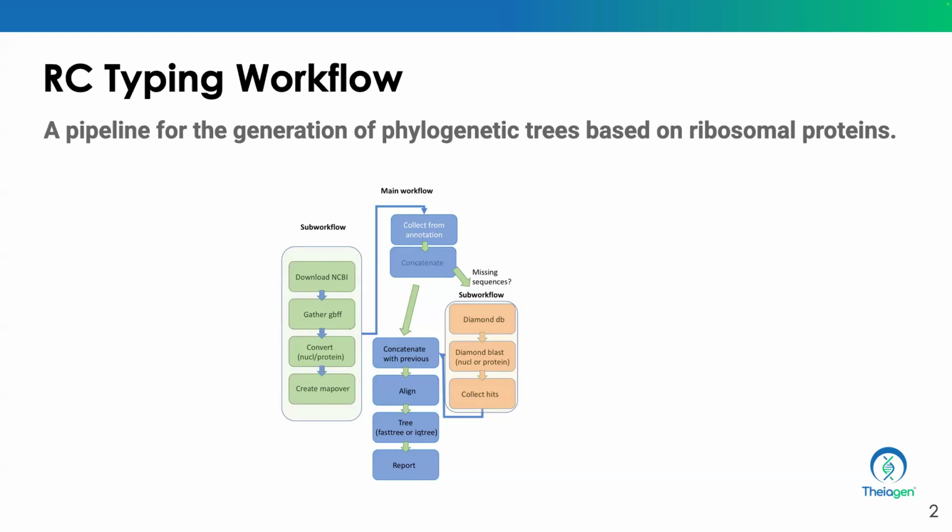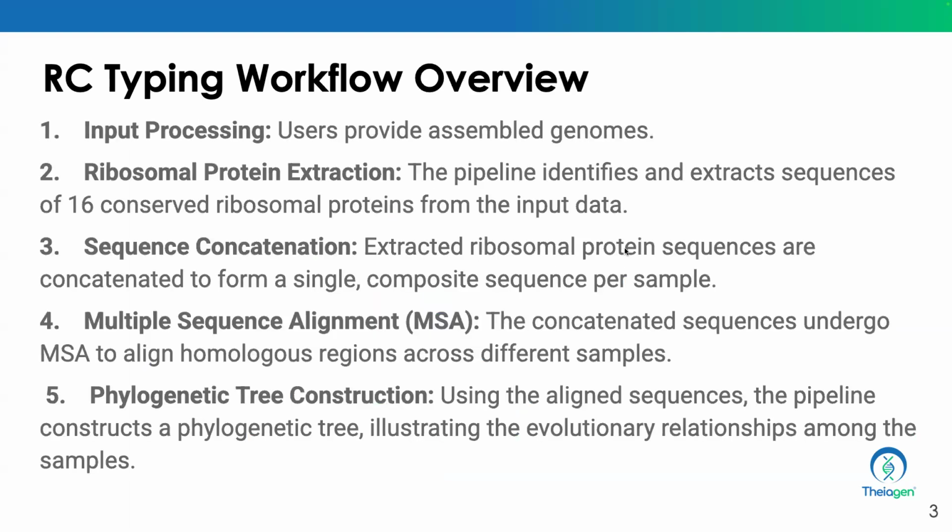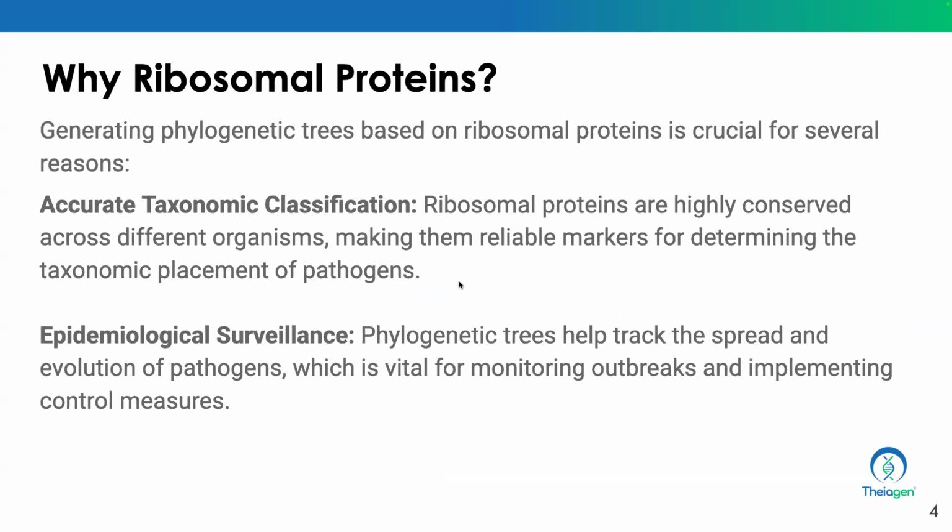The paper that I've just sent to you gives you some idea about how they identify these 16 conserved ribosomal proteins. Obviously, if you have a set of proteins that are conserved across different genera, it makes it quite easy to do comparison, even within or between pathogens in the same genus or between different species.